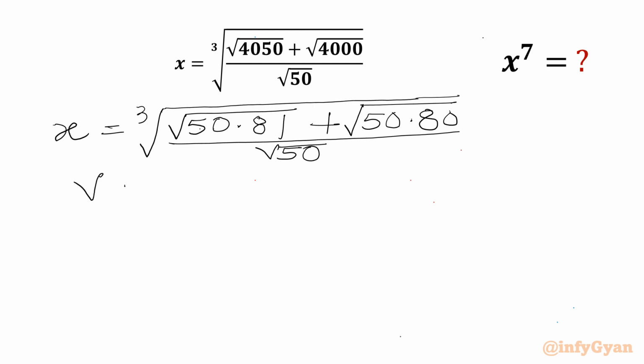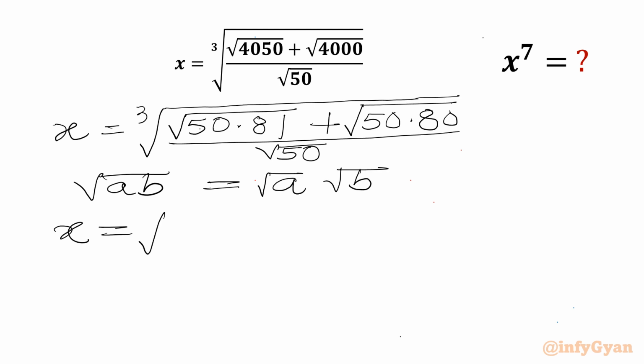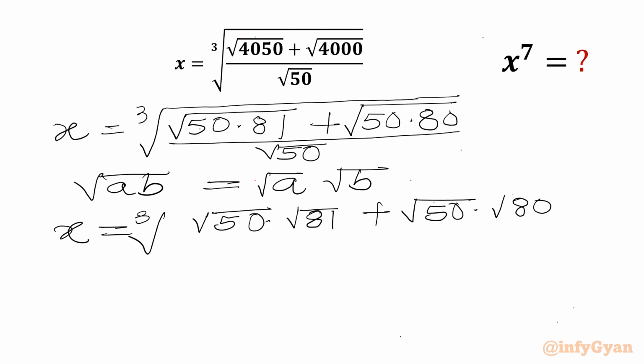Now we know that square root of AB we can write as square root A times square root B. So x we can write as cube root of (square root 50 times square root 81 plus square root 50 times square root 80) over square root 50.